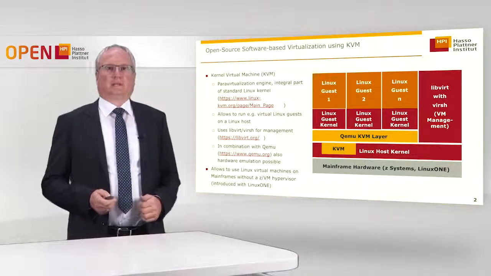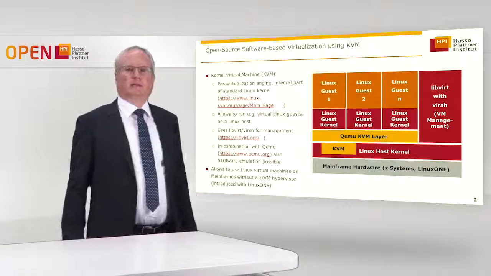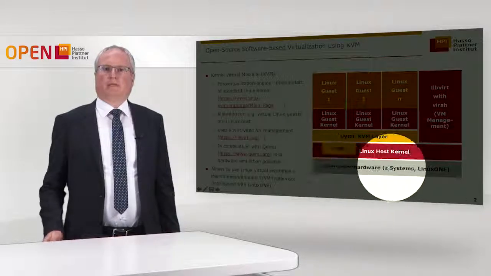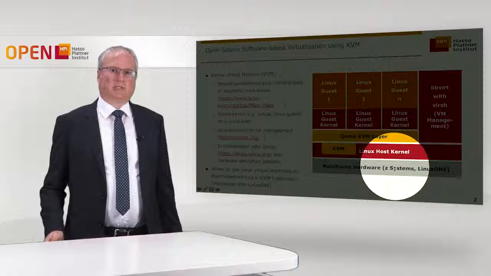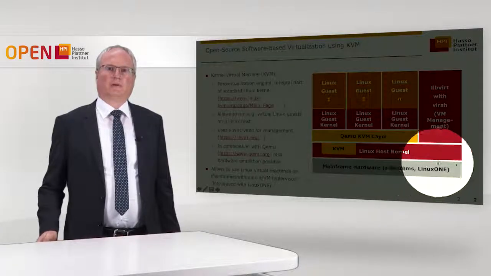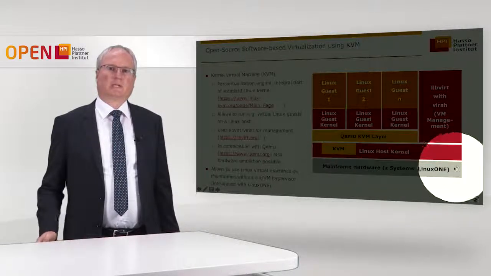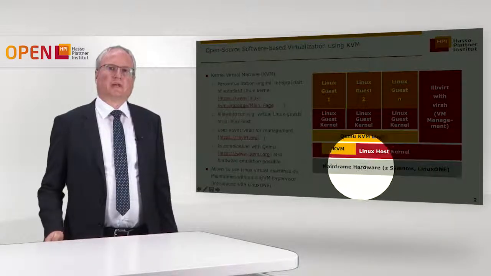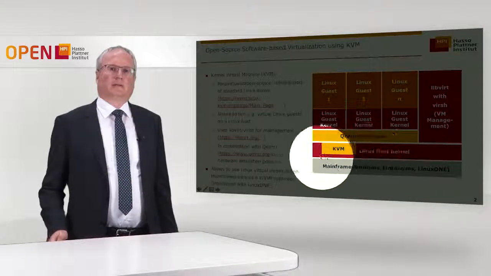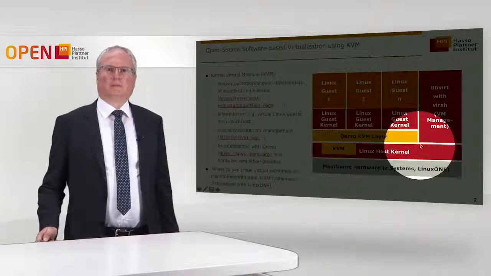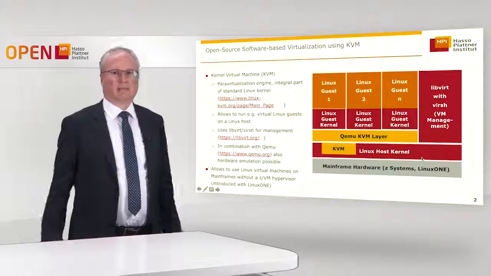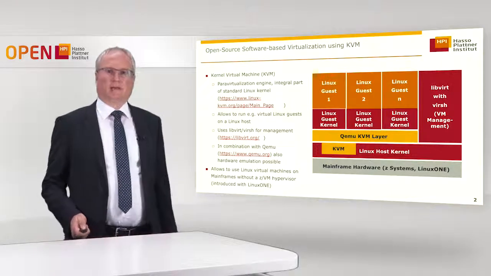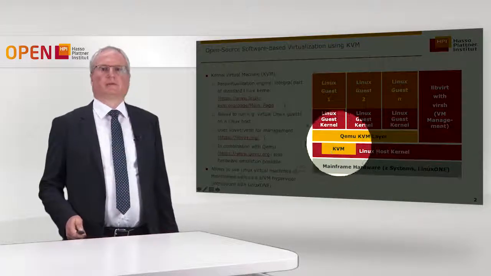The basic idea is, as you can see here on the figure, you run a mainframe hardware, which can be a System z, so a full mainframe, or the LinuxONE version, which is only equipped with IFL processors, so it only runs Linux. On this you first run a Linux kernel, for example in a logical partition. Then you use KVM, which is a standard part of this Linux kernel.